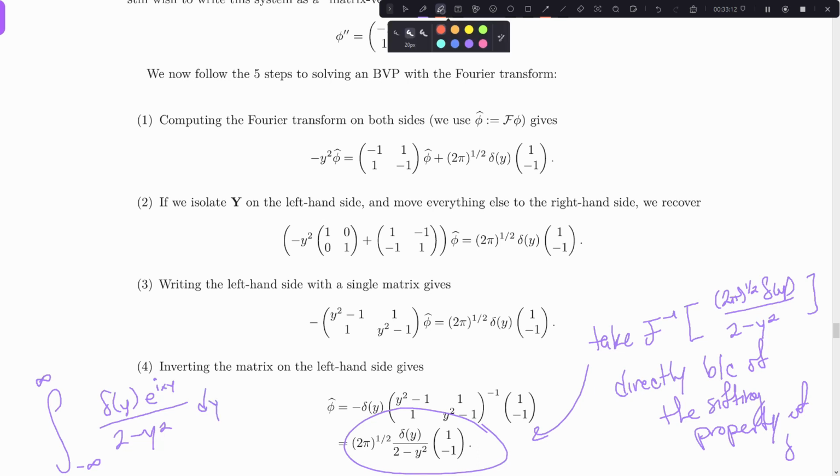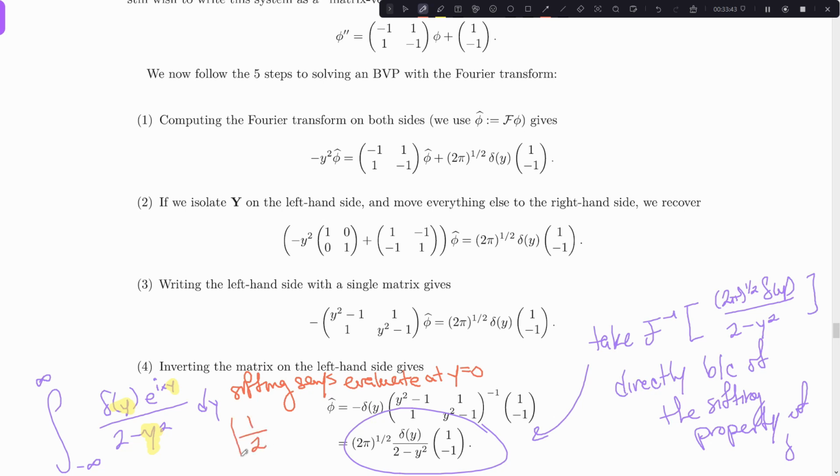The sifting property says I'm going to evaluate every y I see at the shift on the delta. Well, how much has delta been shifted? It's been shifted by 0, so I'm going to evaluate at y equals 0. Sifting says evaluate at y equals 0, which gives me e to the 0 is 1 divided by 2 minus 0, and I recover 1/2 as my solution.